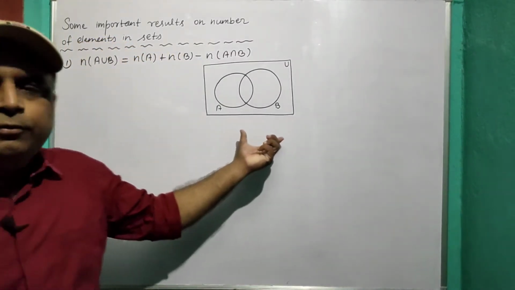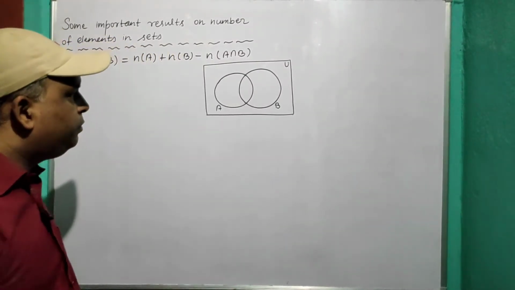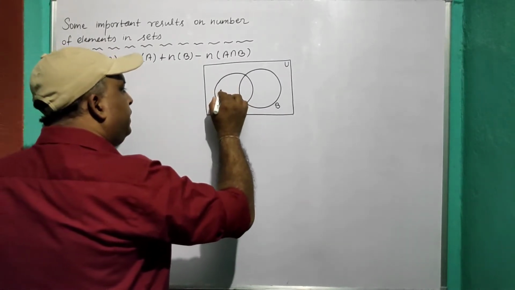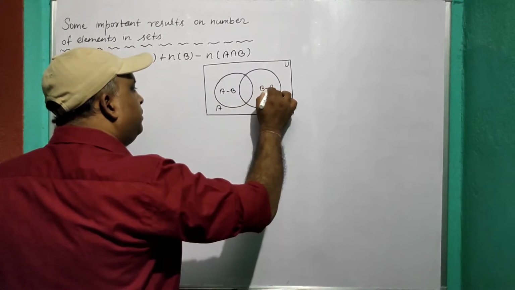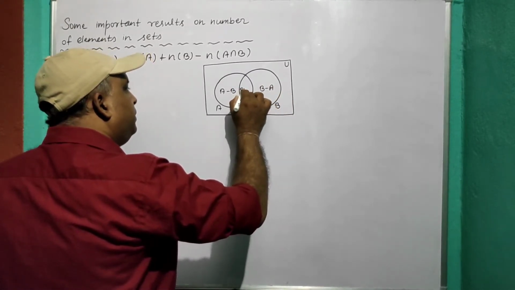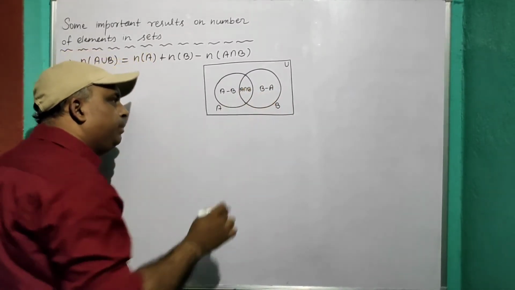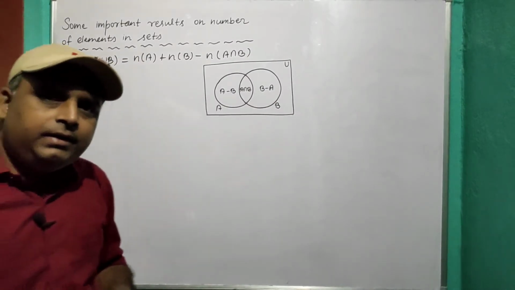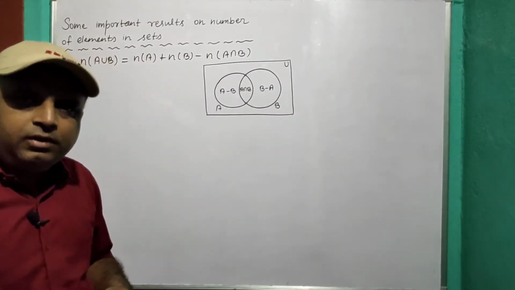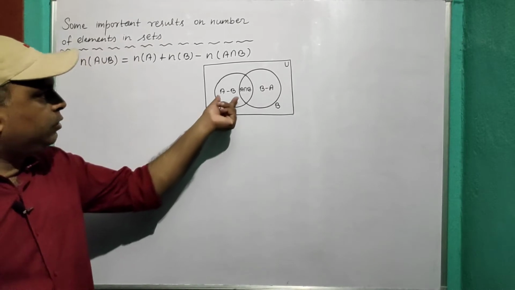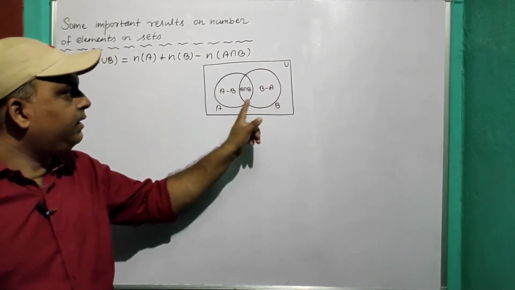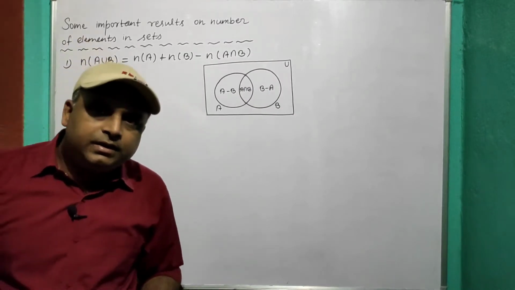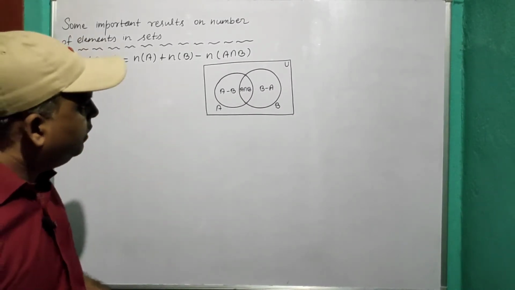You can see from this Venn diagram that this part represents A minus B, this part represents B minus A, and this represents A intersection B. This you have already done while doing the topic Venn diagrams. So only this much part is your A minus B, this one is B minus A, and this one is A intersection B, which is the common part.